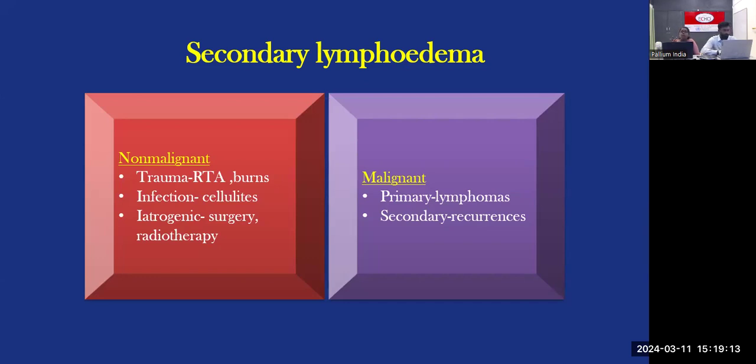These all can affect the lymph nodes. After that, the patients might develop lymphedema. Coming to the malignant, primary lymphomas and secondary recurrence. These are the things you have to keep in mind at all times.